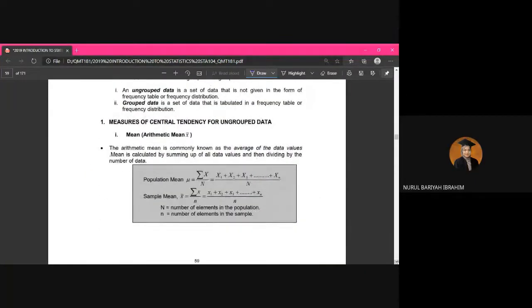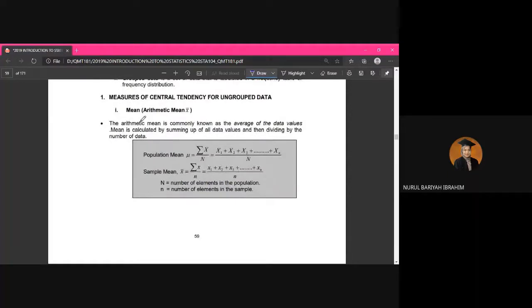Okay, for ungrouped data, the first one is mean. Mean is the average of the data values. It is calculated by the sum of all the data values divided by the number of data. If we look at this formula, we have two formulas: the population mean noted by mu and the sample mean noted by x bar.